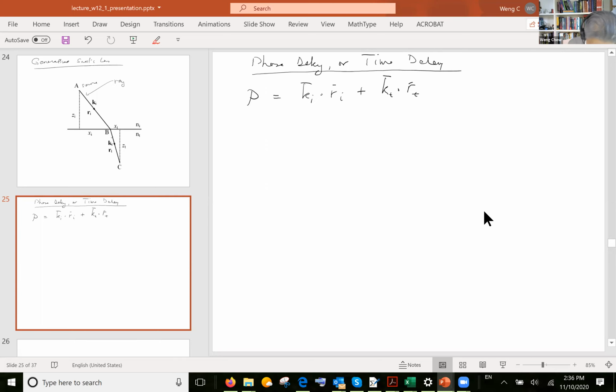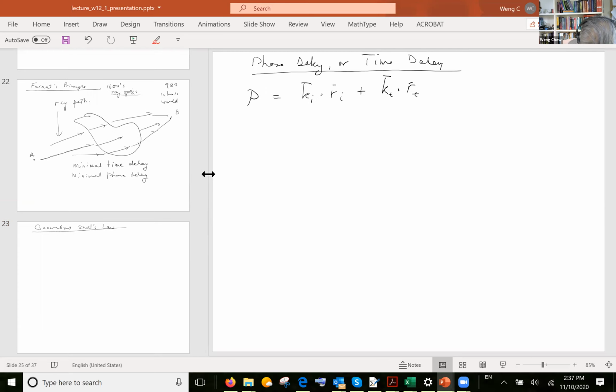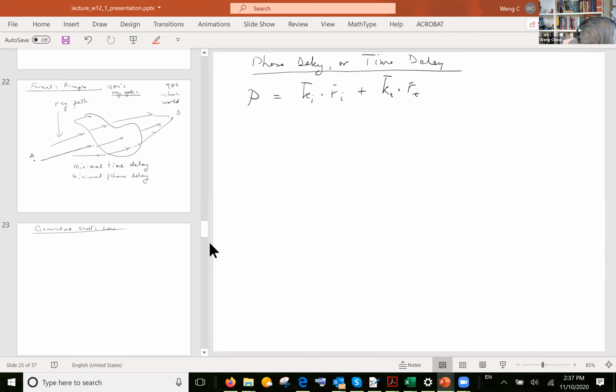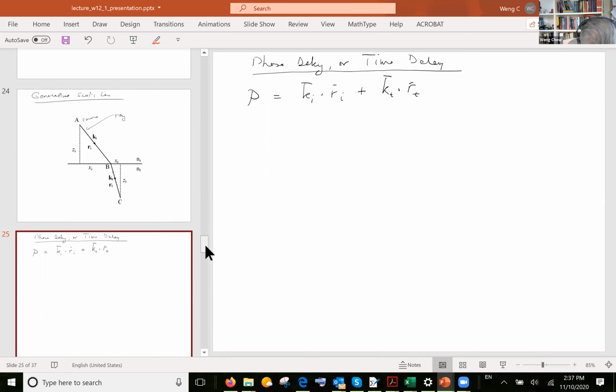And then you can show that, using the picture on the left, Ki dot Ri would be the phase going from A to B, and Kt dot Rt is the phase going from B to C. And this phase should be minimized.